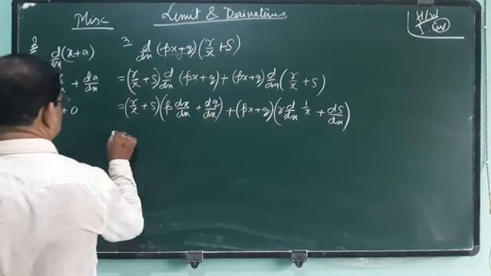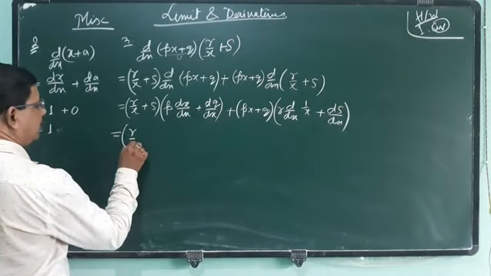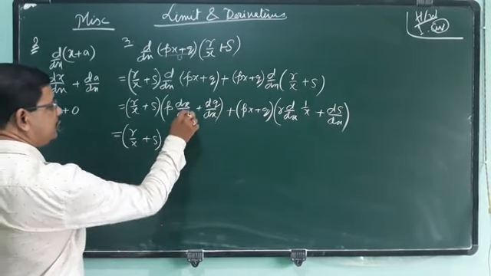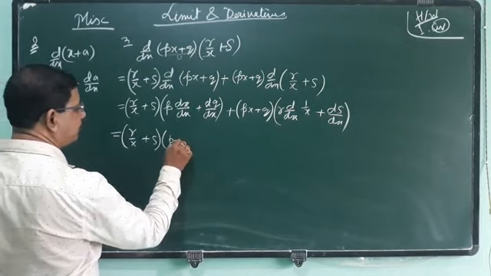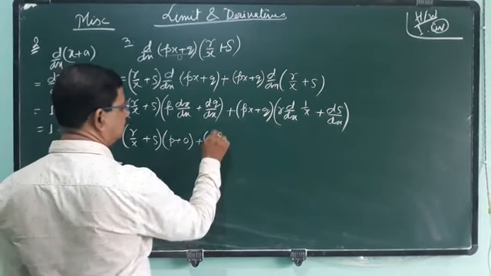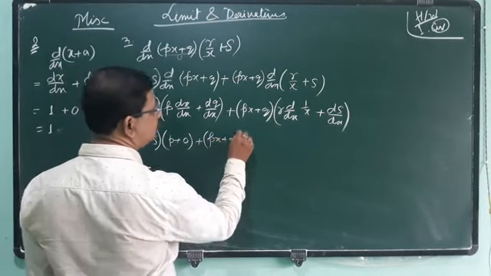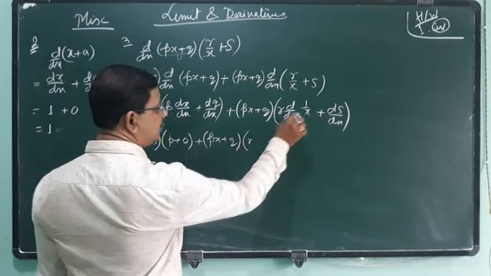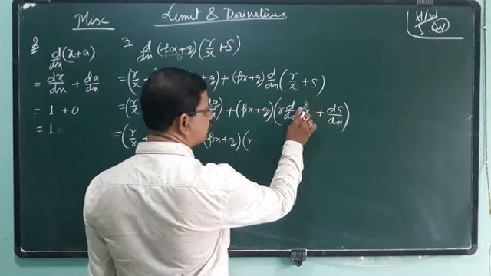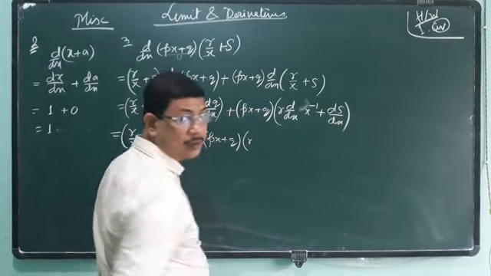Okay, now I want to write the remaining: (r/x + s) dx/dx of 1, 0, (px + q). This will be what? 1/x we can write as x to the power minus 1.